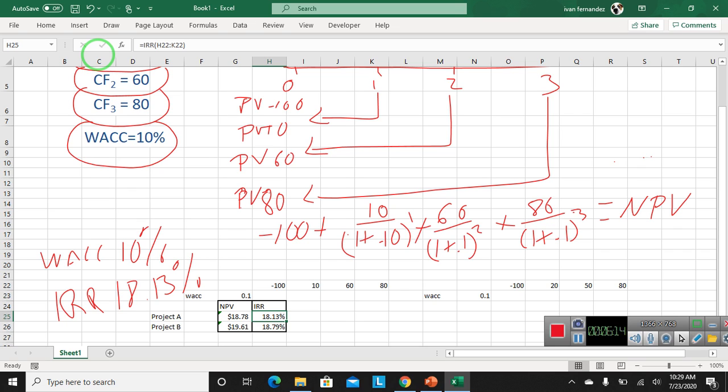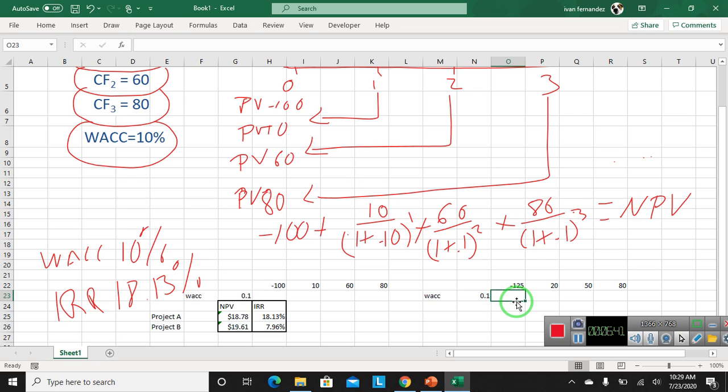Now, let's play with this. Let's say that project B has an initial outflow of negative 200. Let's see what happens. That was too much. That was way too much. Something in between.